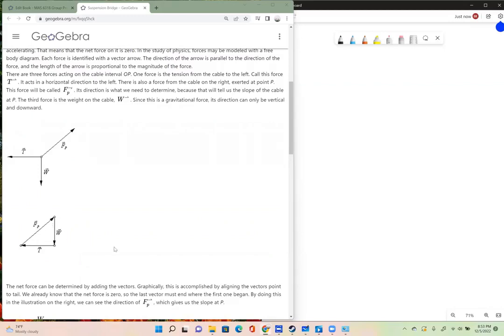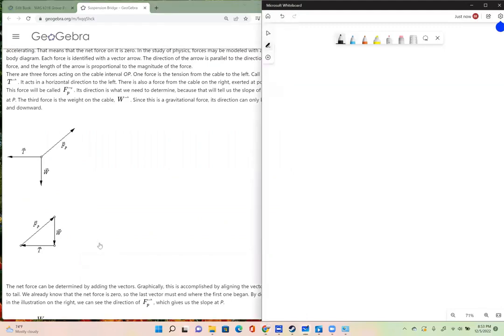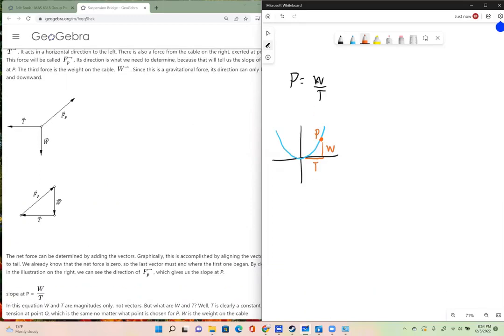With this point here at the corner of F sub P and W being the point on the quadratic, it states that that point has the slope W over T. So if I have my quadratic like this, and my point here, we have this called W, and this is called T. So that's how you get the slope formula, rise over run.